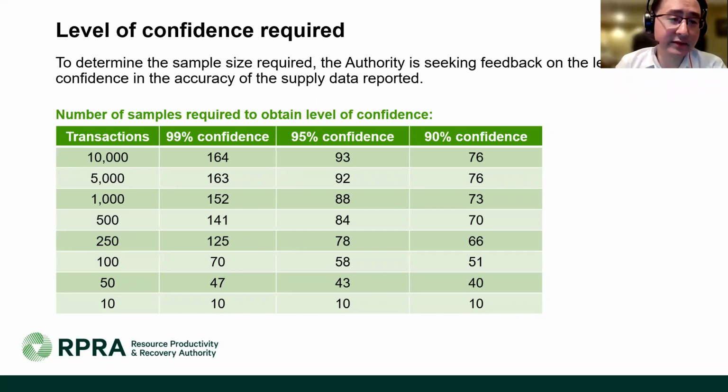As you can see from this chart, confidence level 99, 95, and 90%, along with other variables, will determine the sample size needed for testing. And you can see 99% is the highest confidence level, and it will require the most of the sample size to be tested.